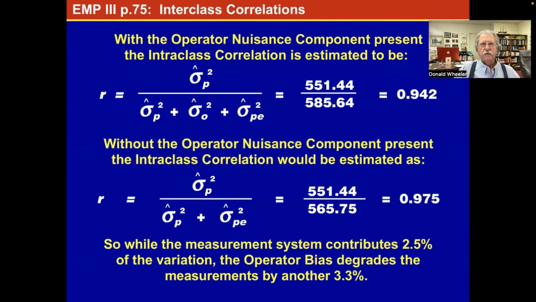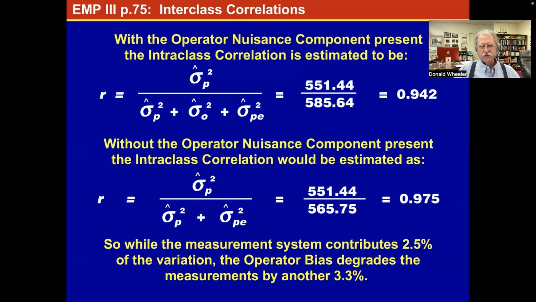Now, with the operator nuisance component present, the interclass correlation is estimated to be sigma P hat squared divided by sigma P hat squared plus sigma O hat squared plus sigma PE hat squared, 94%.